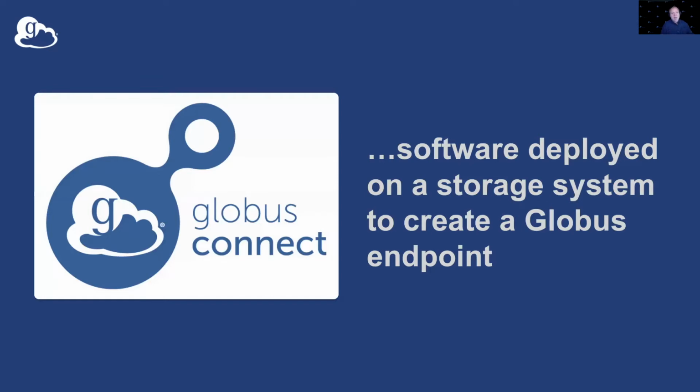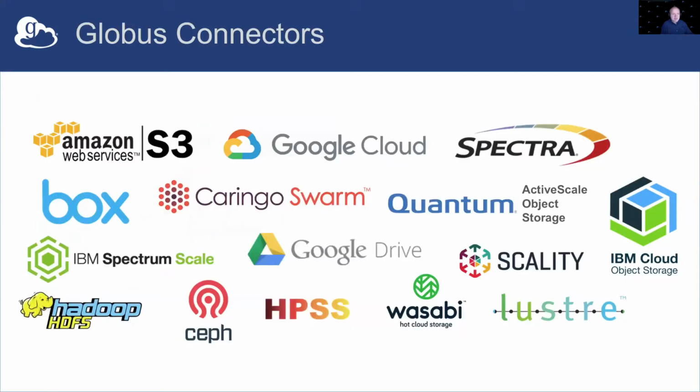And so how do you create one of these endpoints? You do that by installing a piece of software called Globus Connect. And there are different flavors of this. There's a server version that supports by default any POSIX compliant file system, but then you can augment that with one or more of these connectors, as we call them, and that allows Globus to then access some of these object stores and archival systems and so on.